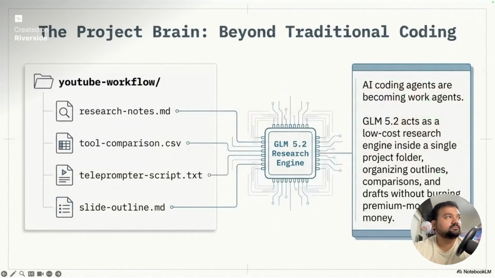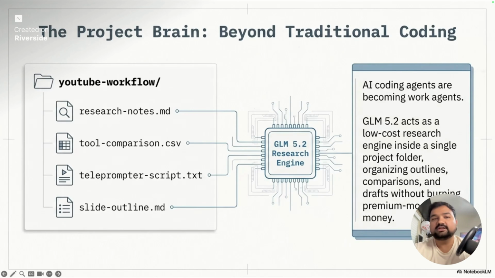So, the brain: beyond traditional coding, this is the part I really like. Claude Code is not only useful for coding, it can become a project brain. For example, you have seen on YouTube people creating a second brain using Claude.